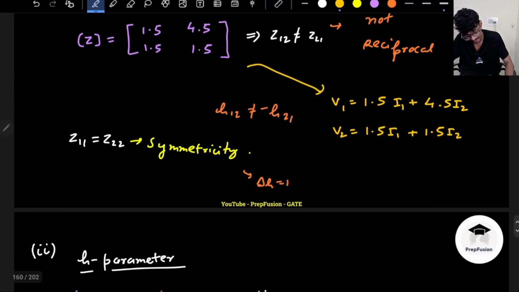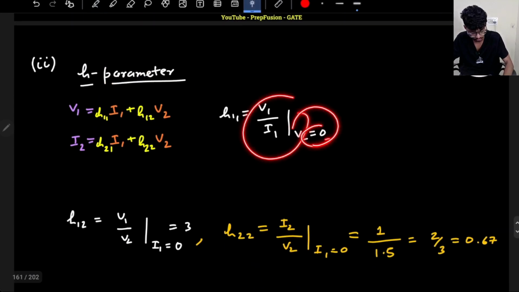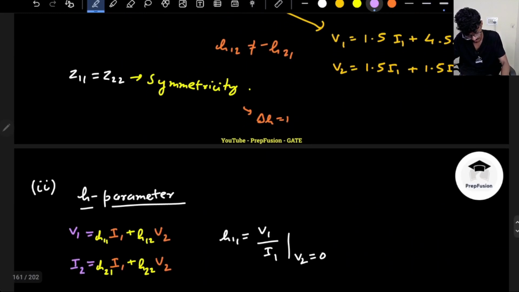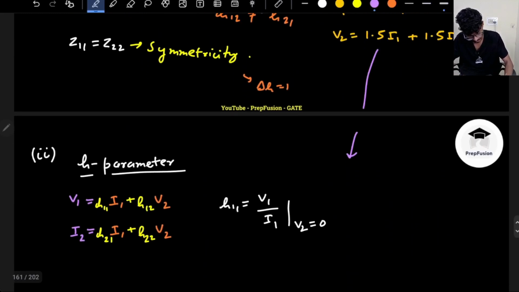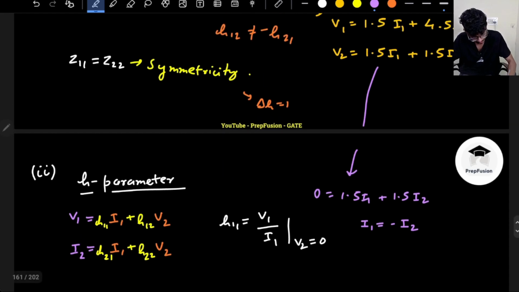Now from here directly I need the ratio of V1 and I1 when V2 is 0. So I will make V2 0. So what is the ratio of V1 by I1? I will take this equation V2 and make it 0. 0 equals 1.5 I1 plus 1.5 I2. So I1 equals minus I2, or I2 equals minus I1.